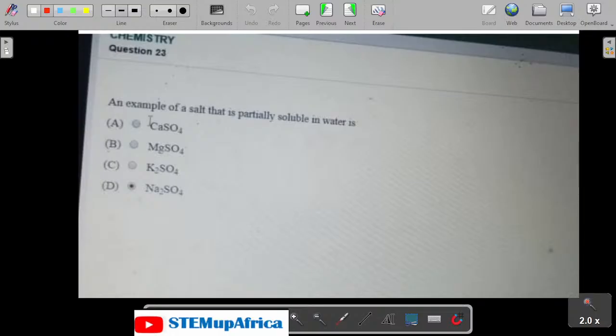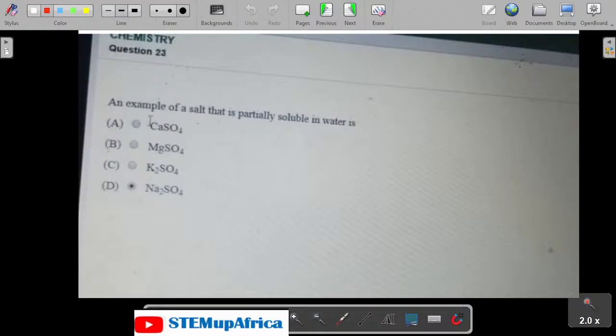So we have substances that are soluble, some highly soluble, some insoluble, and some partially soluble. We are talking about a salt that's partially soluble now. That means it's not completely soluble and not completely insoluble.